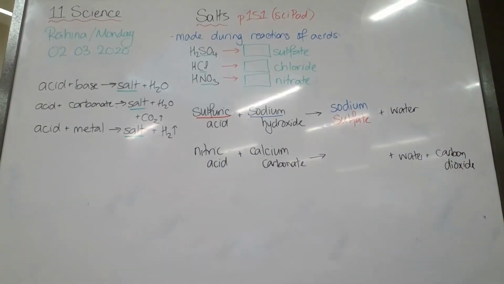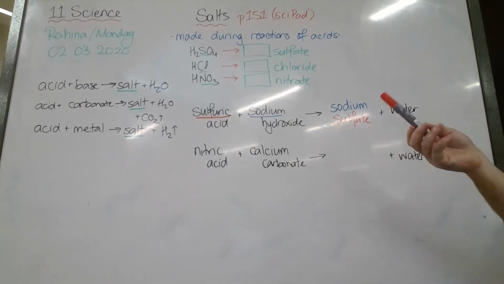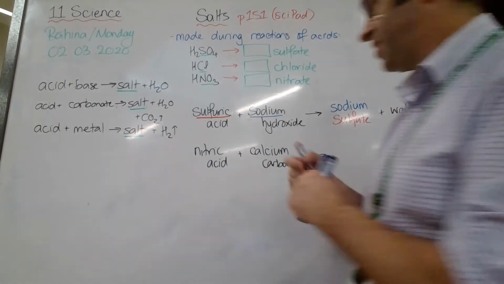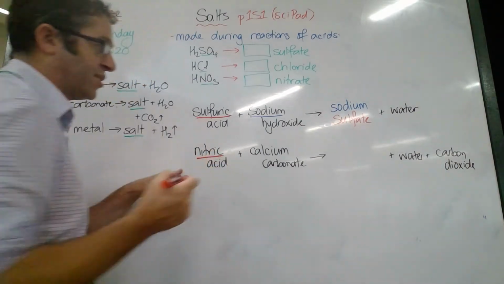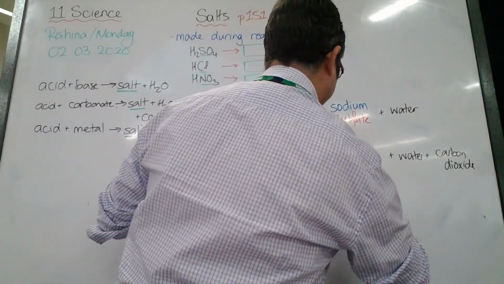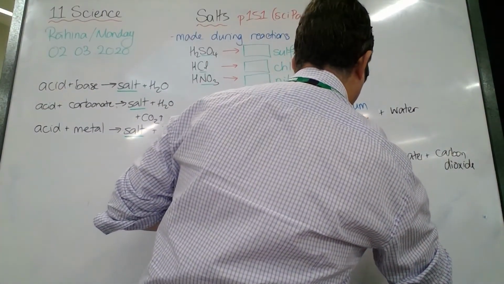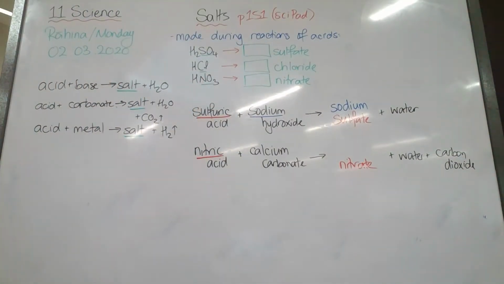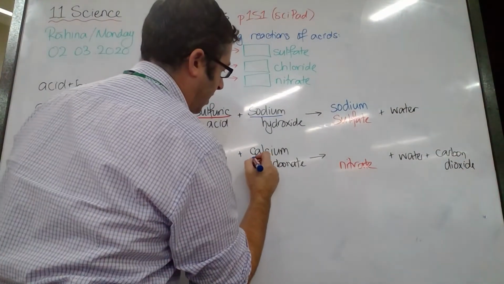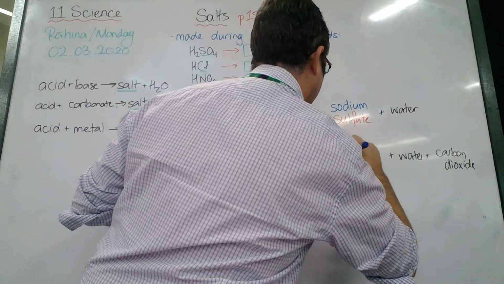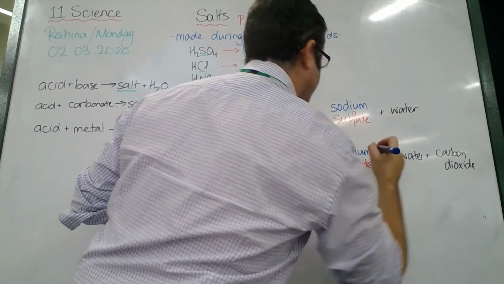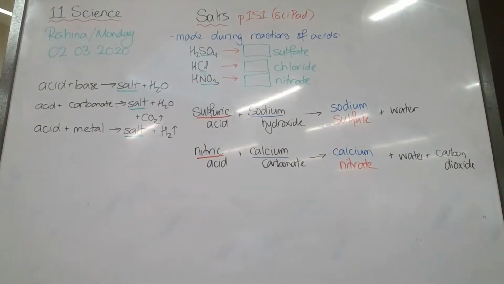I get the type of salt from the acid. It's nitric acid, so it's a nitrate. And I just take the first part of the other one's name, calcium, and move that across. So there would be my word equation: calcium nitrate as my salt, water, and carbon dioxide bubbling away.